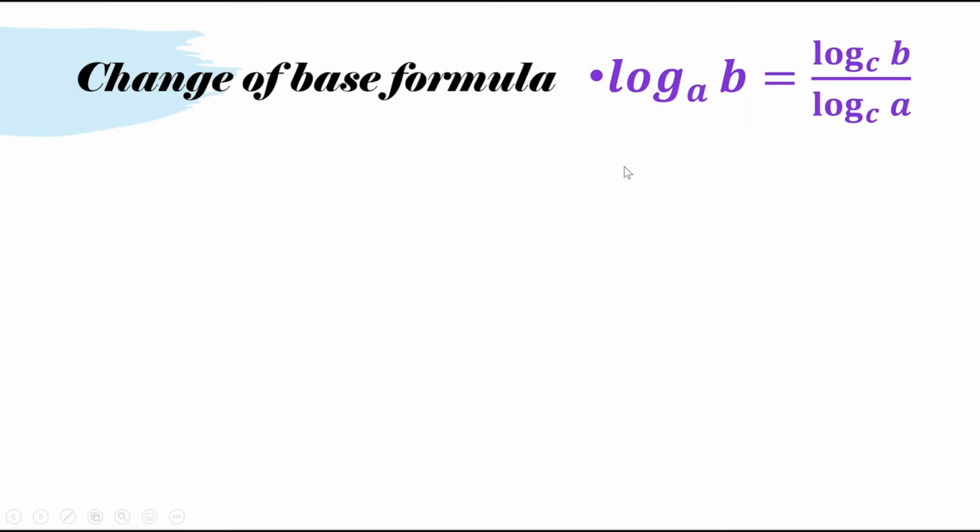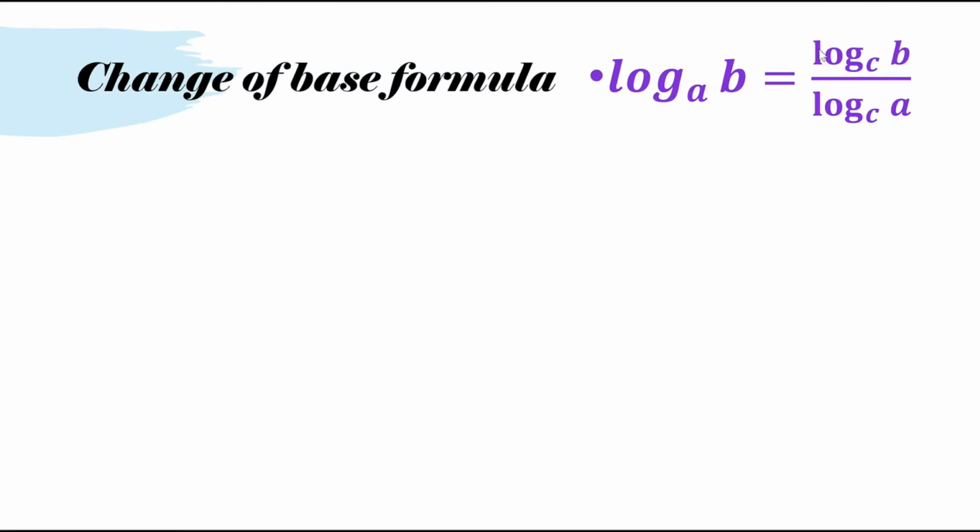Okay, so if you want to find out the logarithm of other bases, how can we do that with a calculator which gives the value only with base 10? Here we can use our change of base formula, which is log of b with base a is equal to log of b with base c, so we are changing the base, divided by log of a with base c.